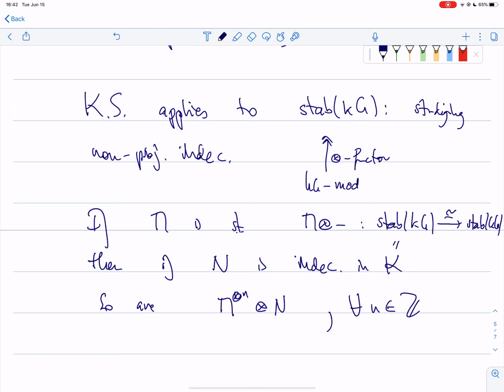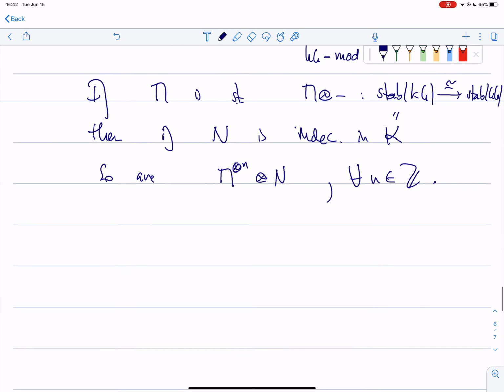You can translate, you can move around your indecomposable by tensoring, very much as we do in the semi-simple case. When you have one-dimensional representation, you can tensor it around.